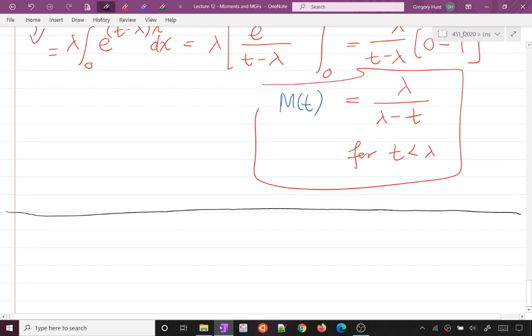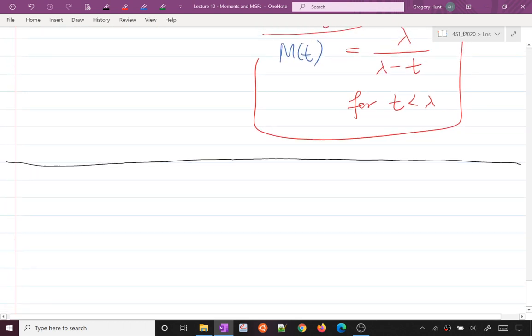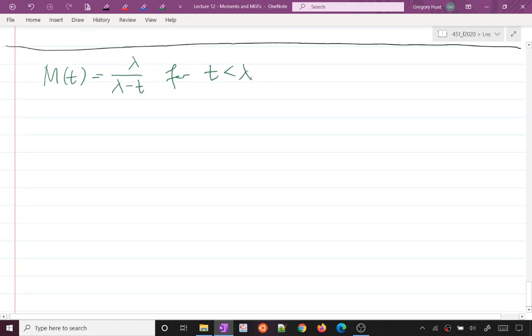It can be used to generate the moments of our random variable, hence the name. The moment generating function is going to allow us to generate the moments of a random variable. Let's look at how that works. So let me just rewrite my MGF. My MGF for my exponential is lambda over lambda minus t for t less than lambda.